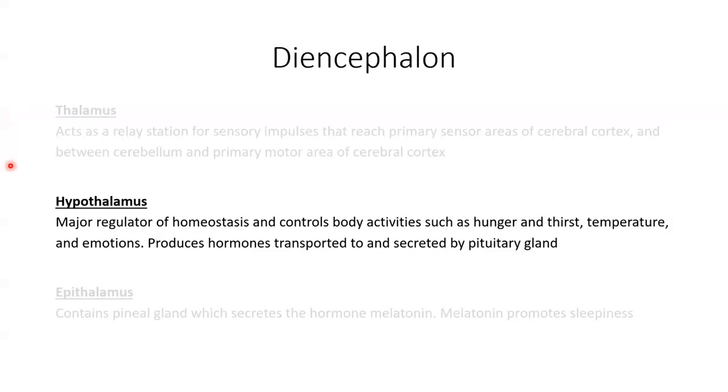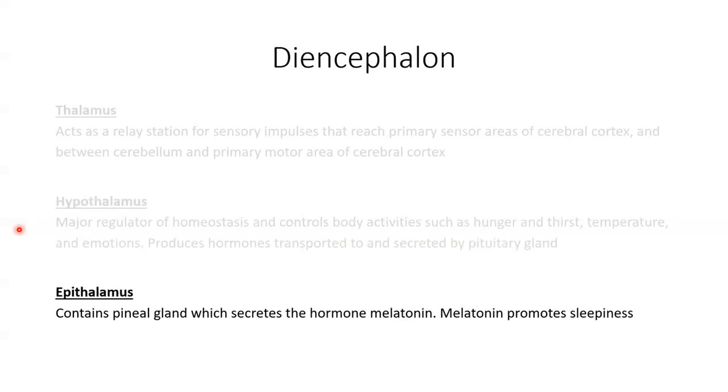We have the hypothalamus, which is our major regulator of homeostasis and controls body activities like hunger and thirst, temperature and emotions. We also produce hormones in our hypothalamus that we transport and then secrete through our pituitary gland. And then our epithalamus, which contains our pineal gland, which secretes the hormone melatonin. And melatonin is thought to promote sleepiness.